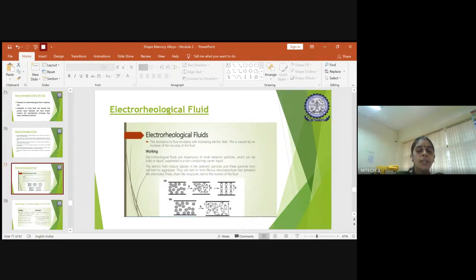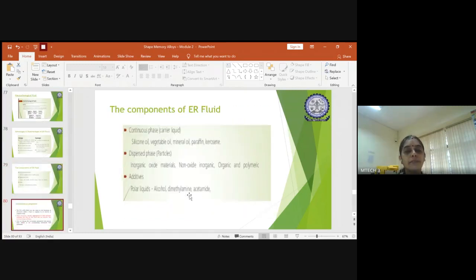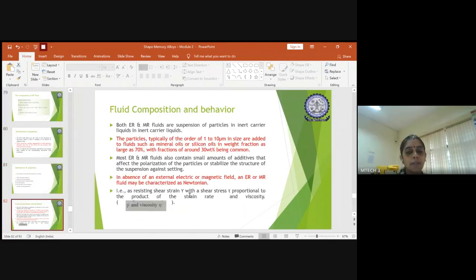But the assumption we make now is that when there is no electric field, the particles are arranged in a uniform manner. It won't be random. Only when you subject the ER fluid to the electric field do the particles get oriented. When there is no electric field, we should assume that the particles in the ER fluid are distributed uniformly. So this is the difference one has to understand.